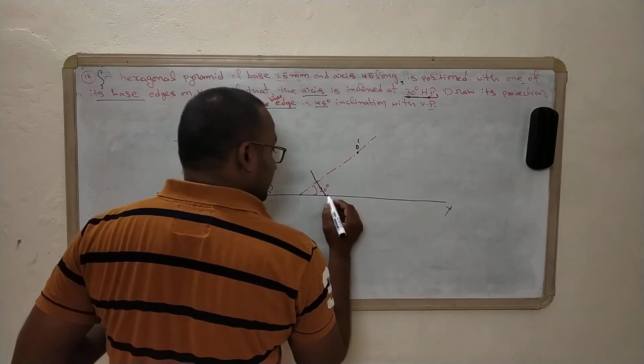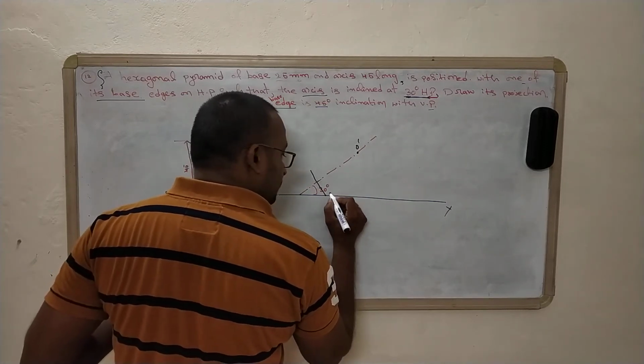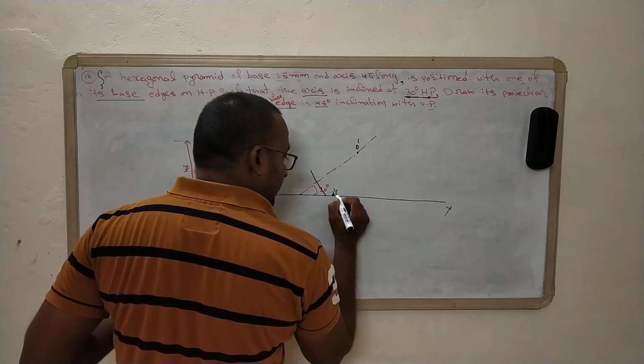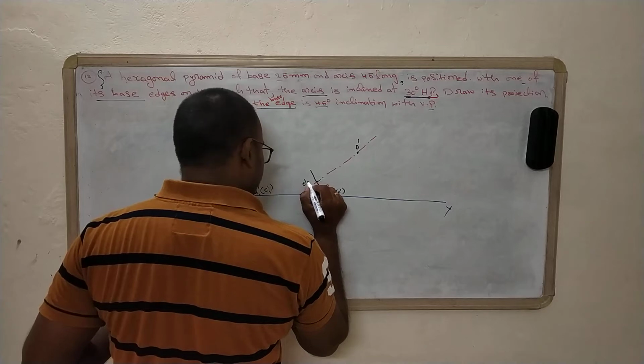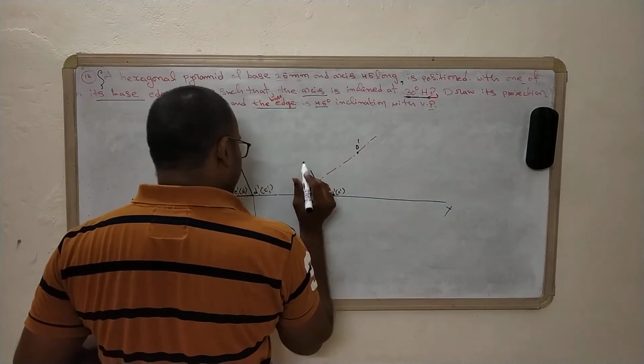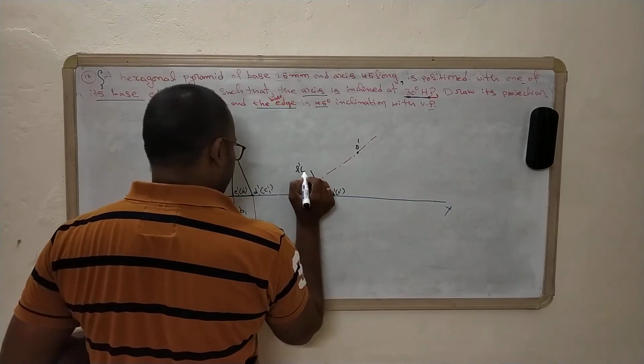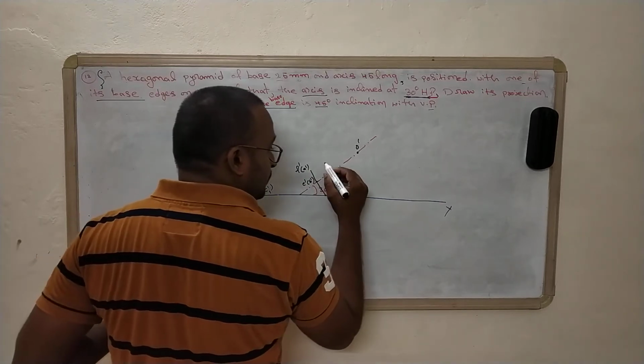Here it is D dash of C dash, E dash of B dash, F dash of A dash.